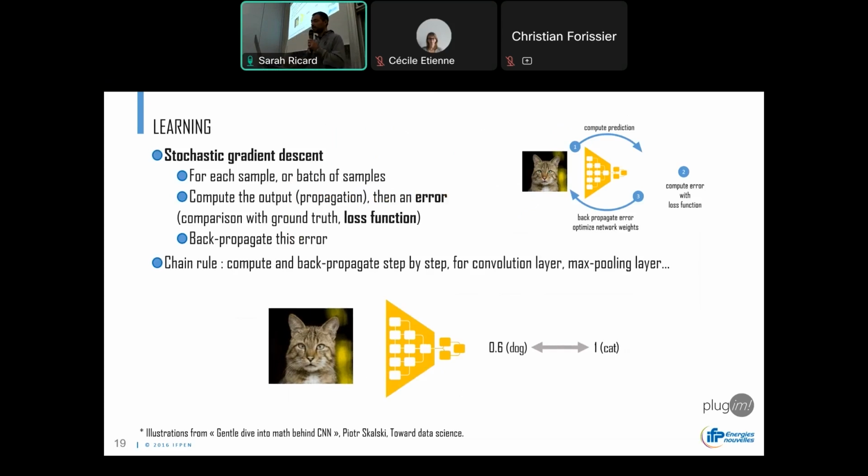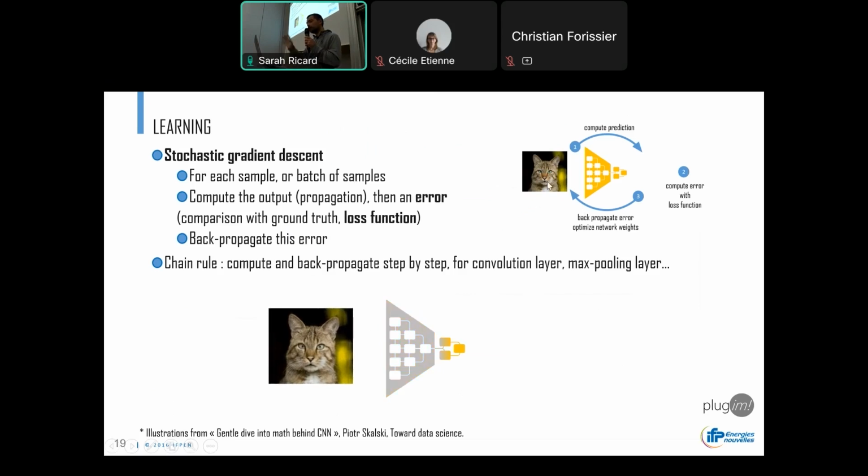It was not conceived at the beginning to optimize neural networks or convolutional neural networks, but to solve for the parameters you need to use in a composition of functions. And a CNN can be seen as a composition of functions. That's why we use this kind of trick to optimize the parameters.